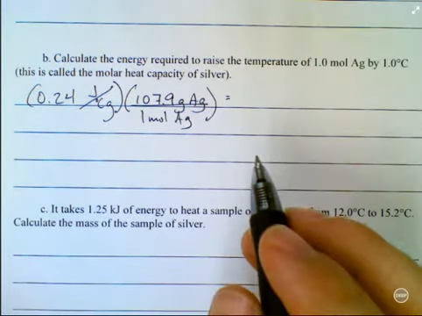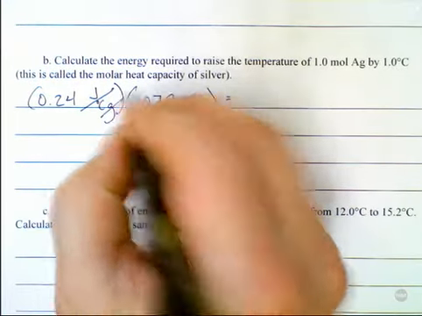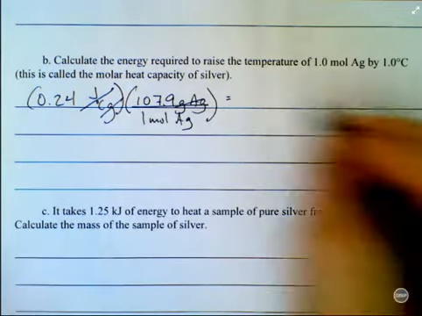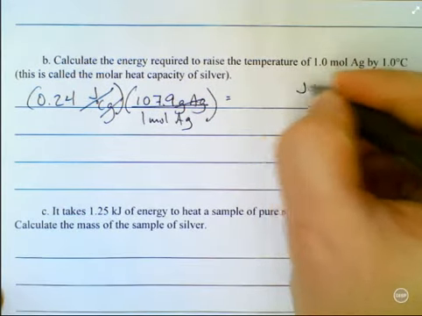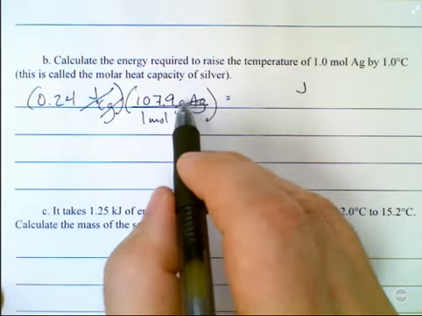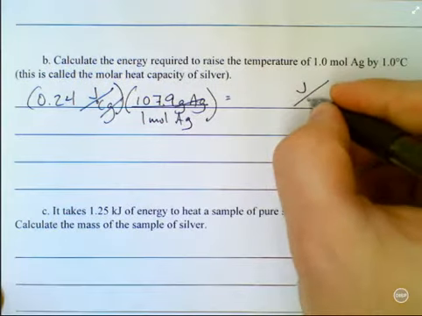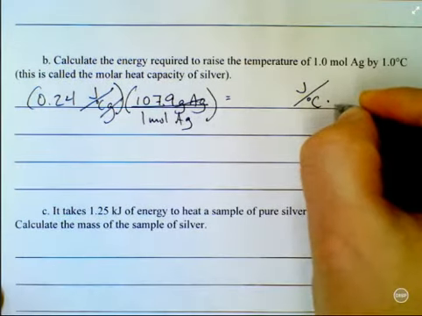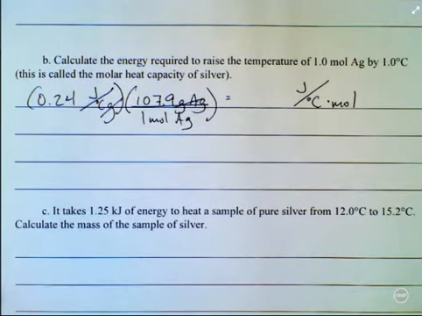And you see what will happen here is grams of silver, grams will cancel. So grams are gone. So the units I have left, I have joules on the numerator, and on the bottom, I will have degrees Celsius times moles.